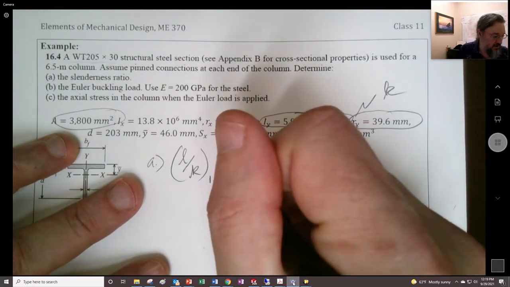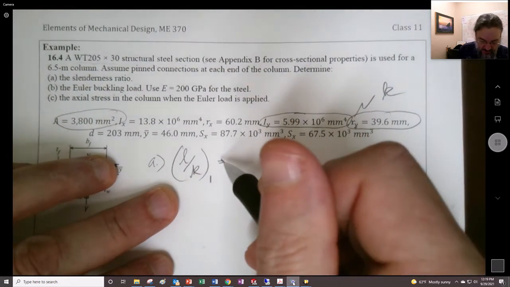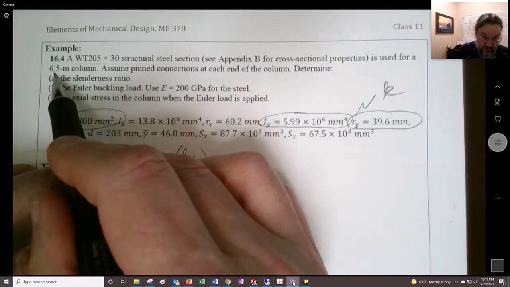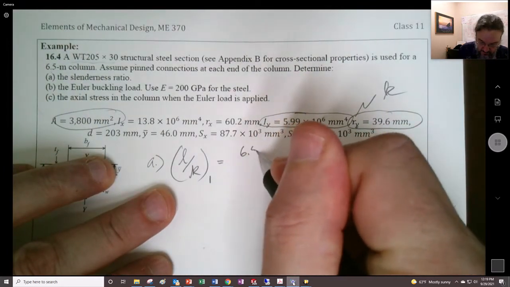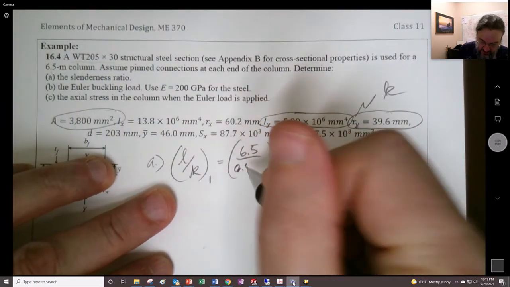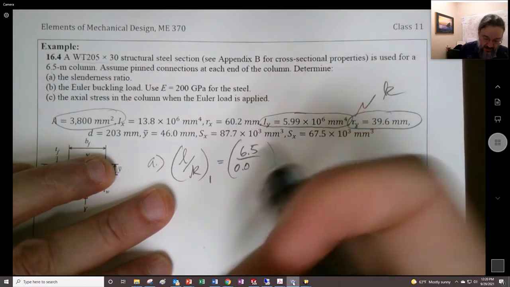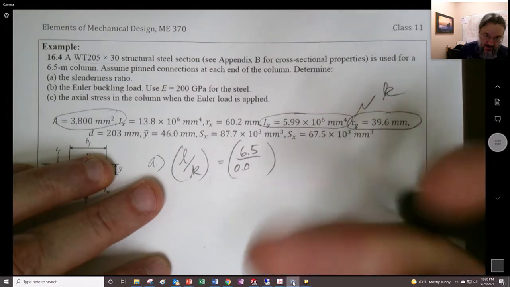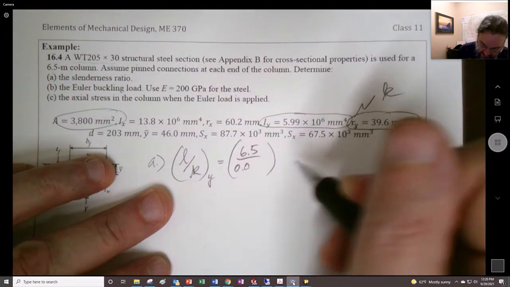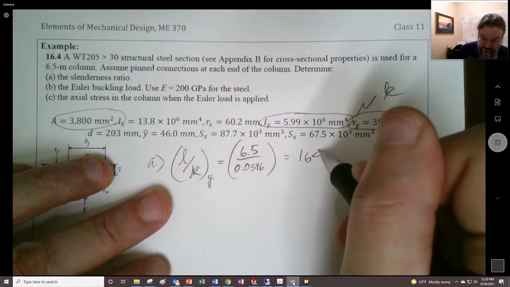So this is actually K. And we could check, I think I checked it twice, by taking this 6.5, the length right here, and dividing it by 0.0396, remembering this is in millimeters. This is just the slenderness ratio about the y-axis, and we get 164.1.